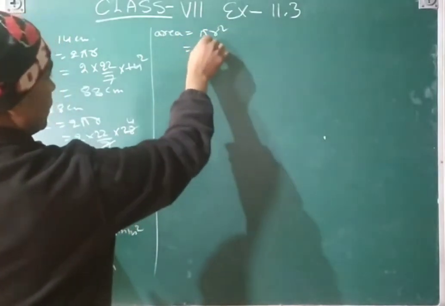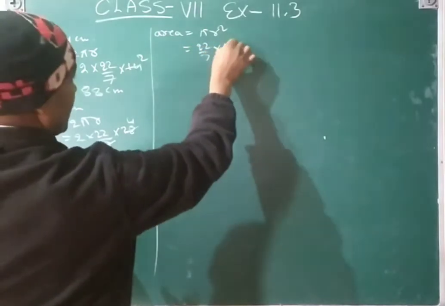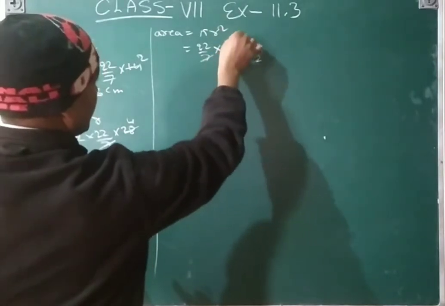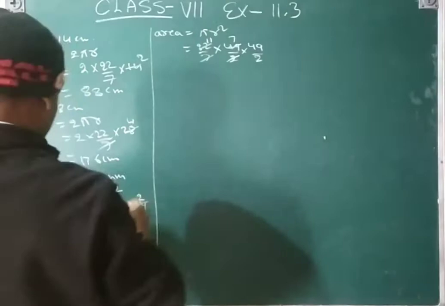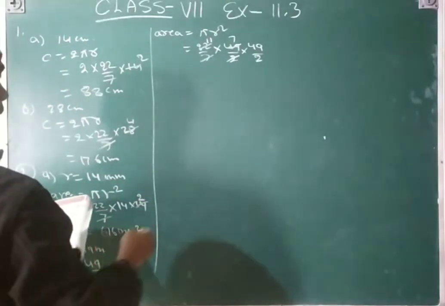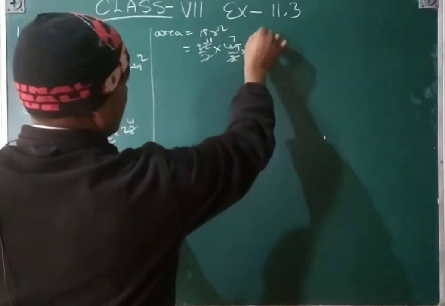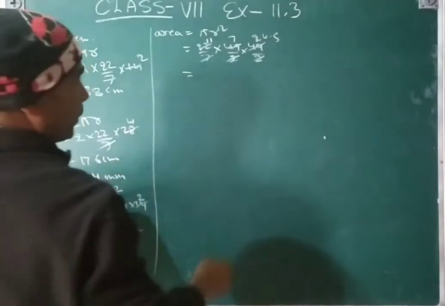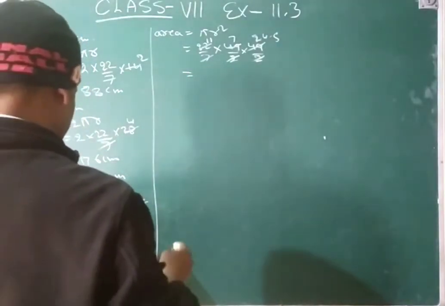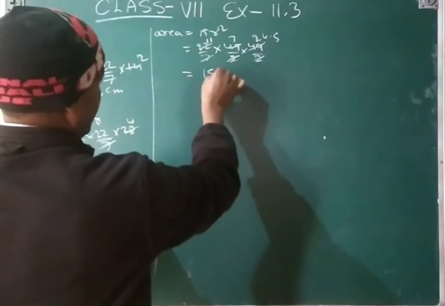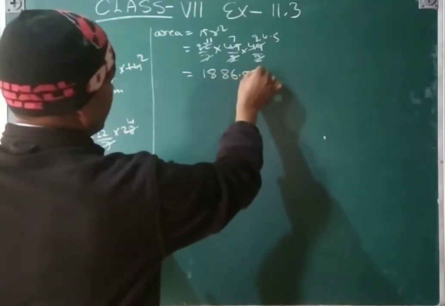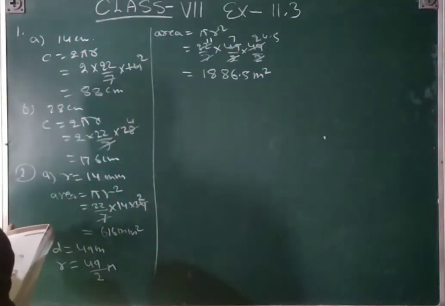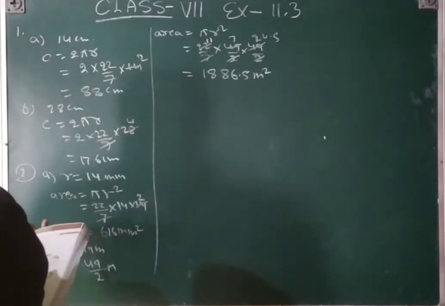So pi is 22 upon 7 into 49 upon 2 and then 49 upon 2. 7 ja 49 and 2 11 ja 49, and then by 2, that will be 1886.5 meter square. The C part you can do easily, no problem will be there. You can write in decimal or you can write in fraction also.